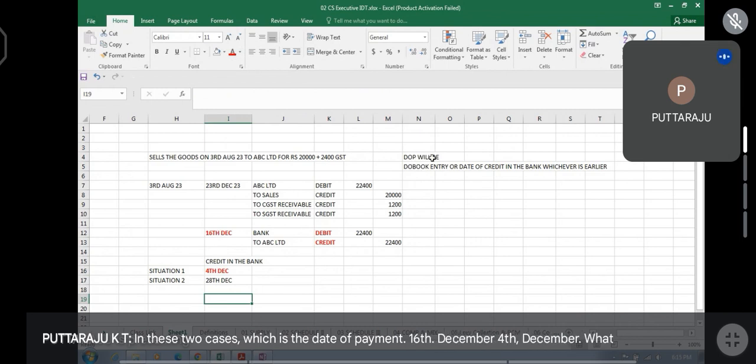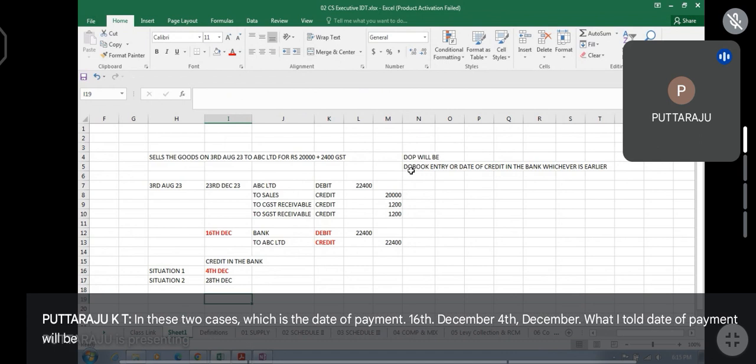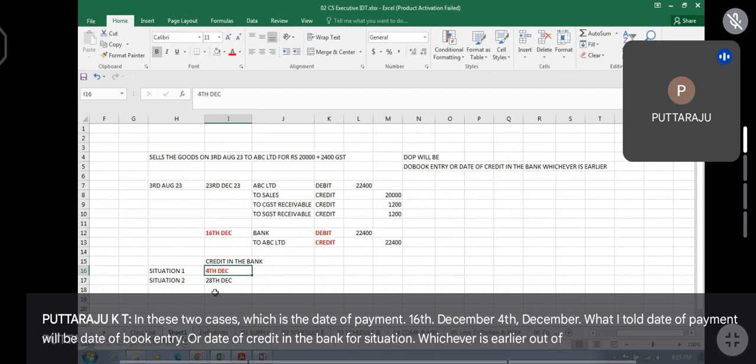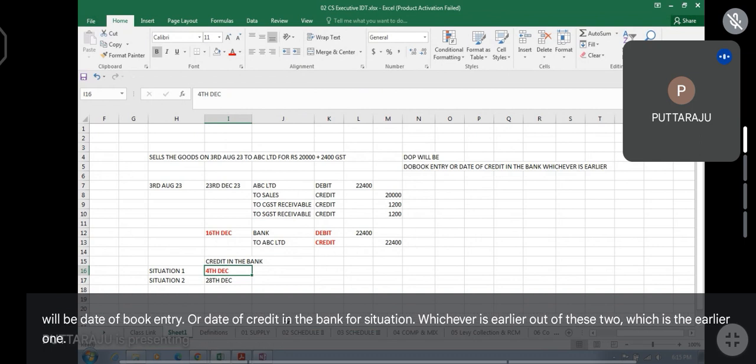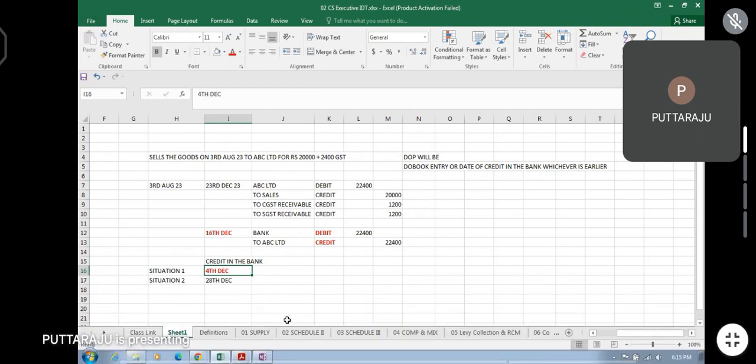What I told, date of payment will be date of book entry or date of credit in the bank, first situation. Whichever is earlier, out of these two, which is the earlier one? Situation 1, 4th December.